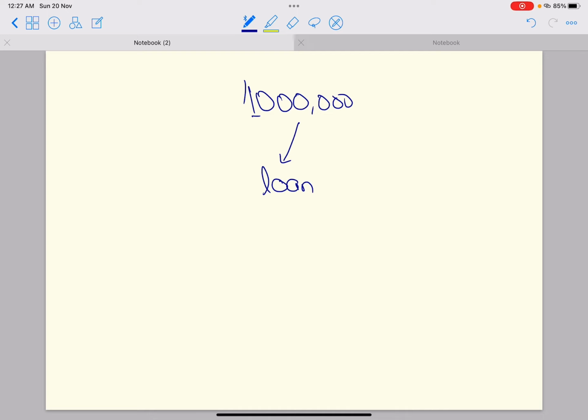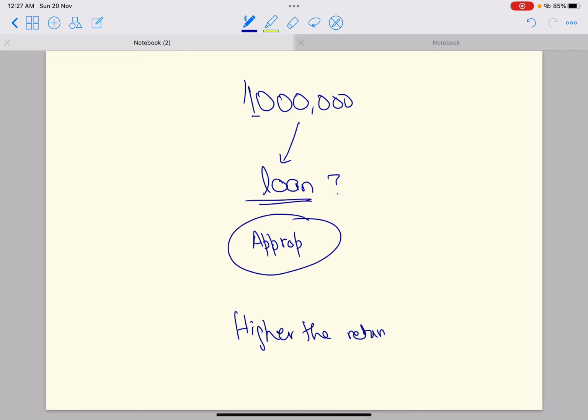Question is how much this loan is going to cost me, and how would I know if this is an appropriate rate that I should be paying, or the bank is not charging me more than what I should be paying. So usually the rule is higher the risk, higher the return. What we are looking for is a low rate that is appropriate for a loan.